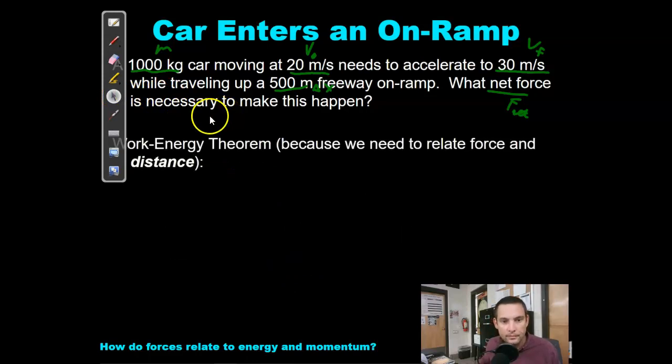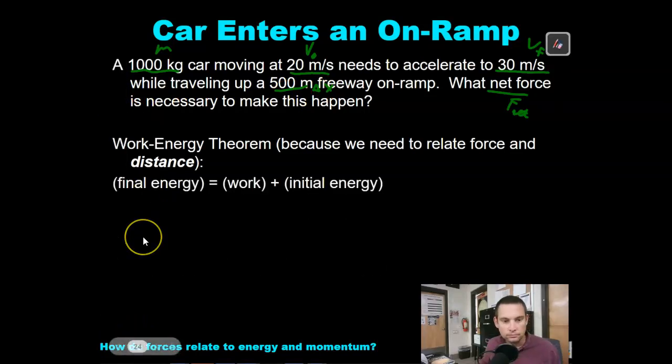All right, the work energy theorem, because we need to relate force and distance. The strategy that we're going to be using is that the final energy equals the work done plus the initial energy.